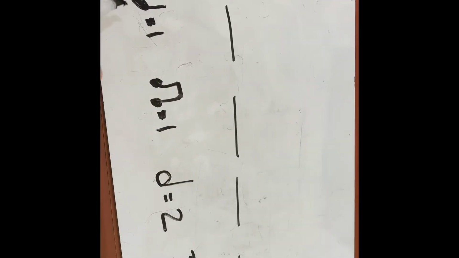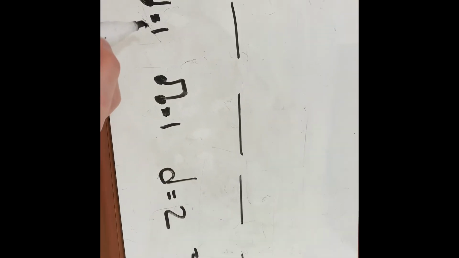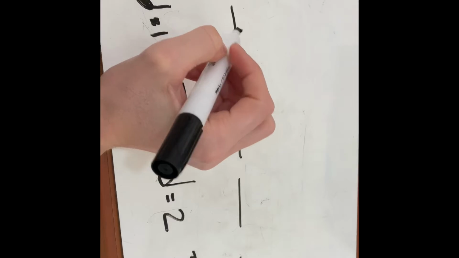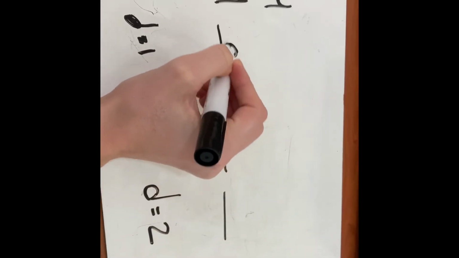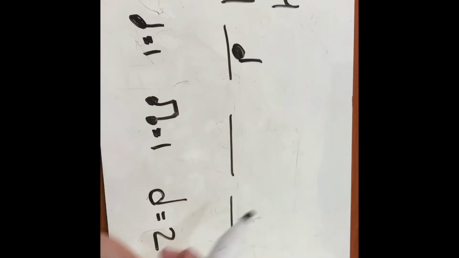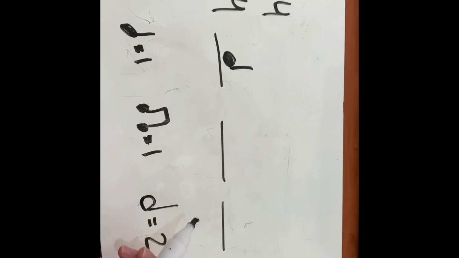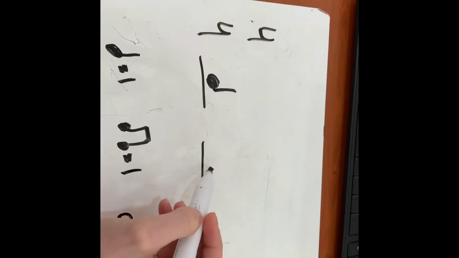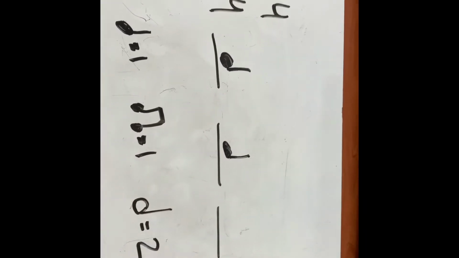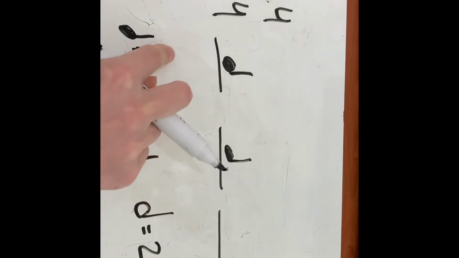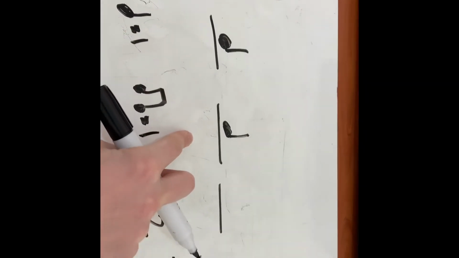So I'm just going to pick some notes, and hopefully you're following along. In my first beat, I'm going to write a quarter note, and that's beat 1. My second beat, I'm going to do another quarter note. So now I have 2 beats. 1 plus 1 equals 2.